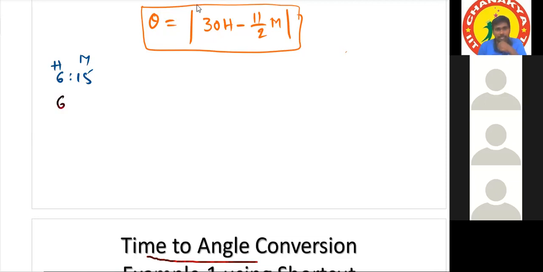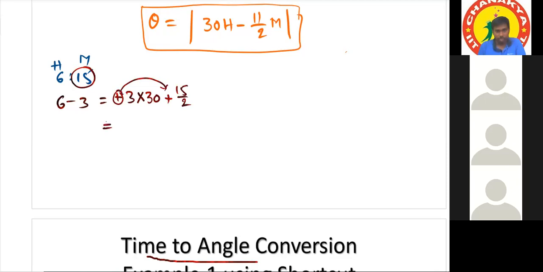Minute hand is on number 3. 6 minus 3 is how much? 3, plus 3. So 3 into 30, plus minutes by 2. Not 30/2, 15/2. Minutes by 2, 15/2.